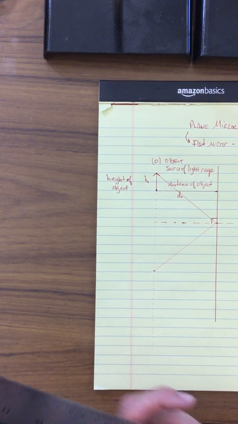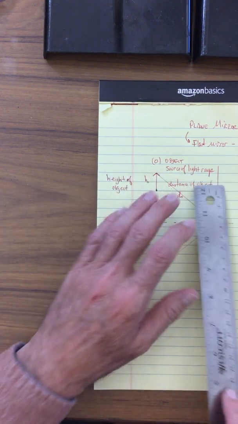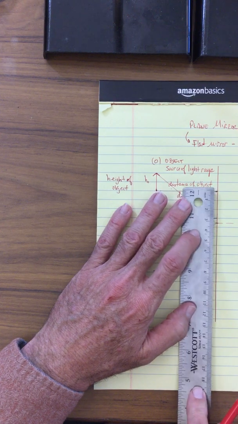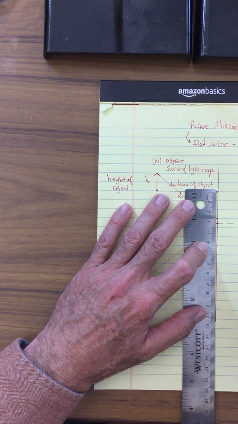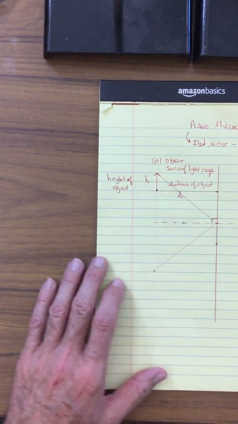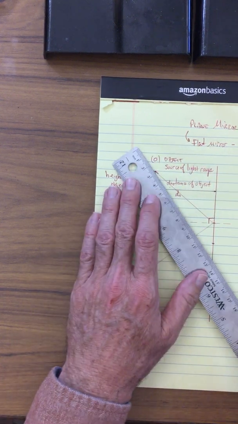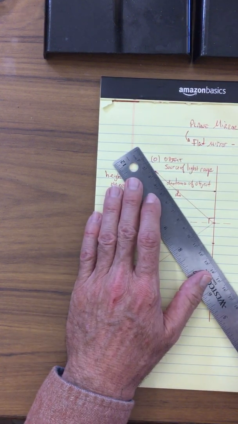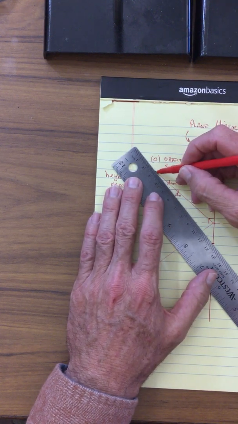We're going to do that again, and let's say that we did it at 3 centimeters from this line. Let's do it now at 5 centimeters from this line. Imagine your second ray of light is coming off of the object like this.